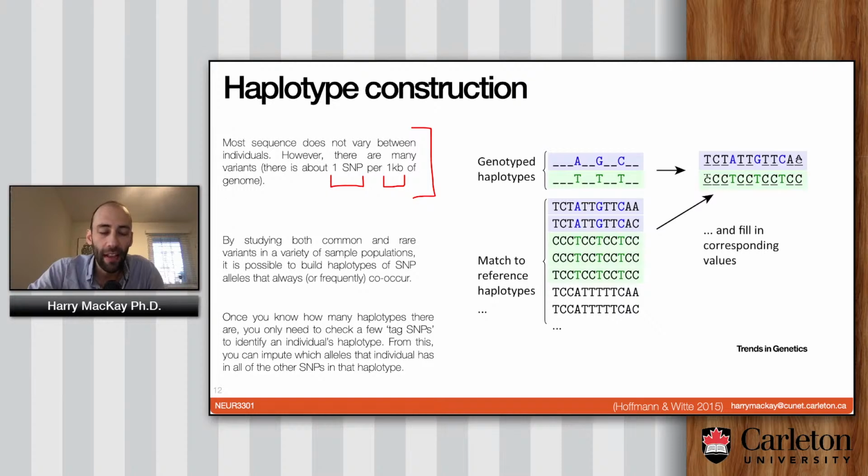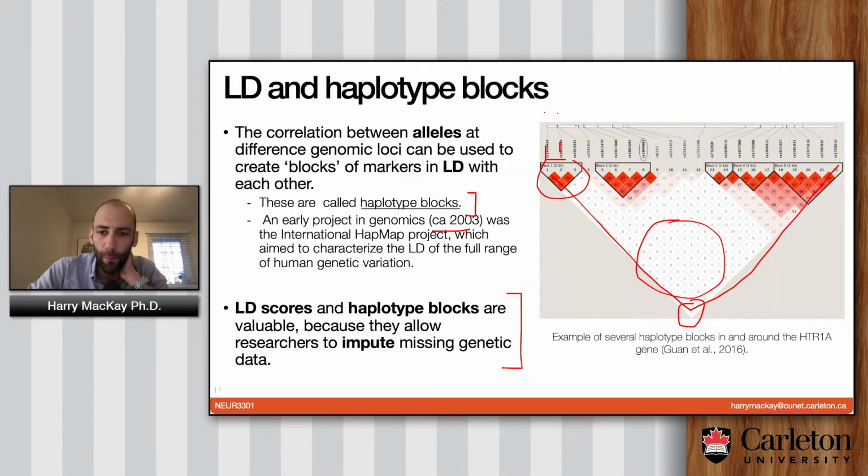Now, if you take some time before you get started with your GWAS studies and just look at the whole range of human genetic variation by sequencing tons of genomes, you can build haplotype blocks, or haplotypes, of SNP alleles that frequently co-occur. The reason is that SNPs are linked.